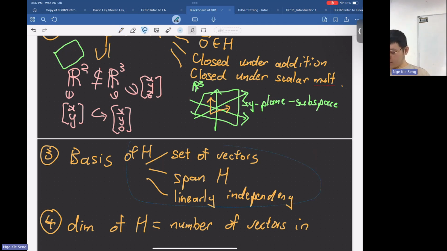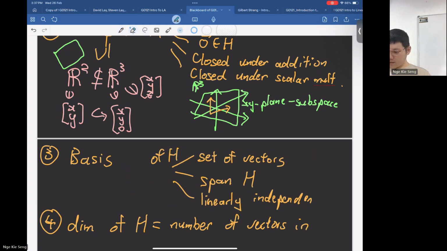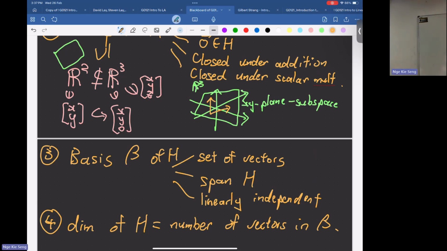Let's call this basis B. In this case you have 2 linearly independent and spanning vectors. So there are 2 of them, and the dimension of this plane is 2. That's why you say R2 has dimension 2. Can you follow? Any question?